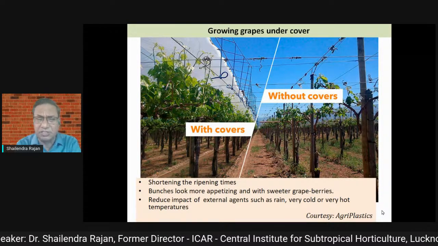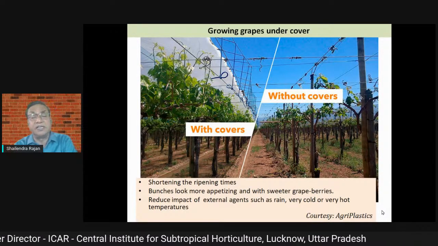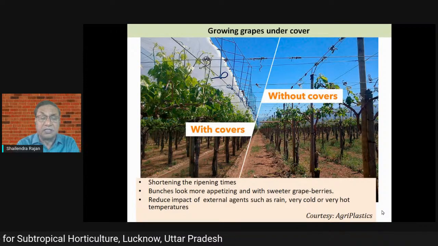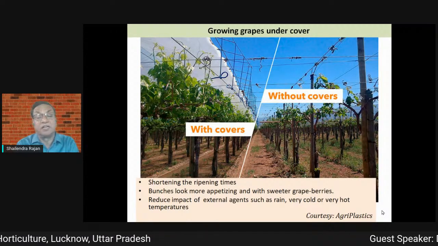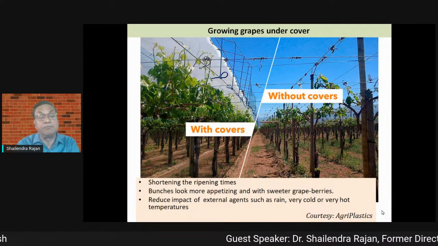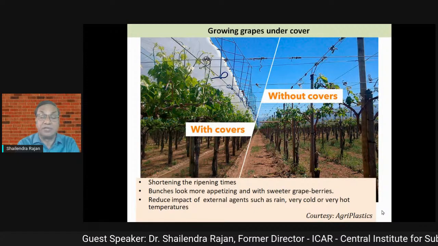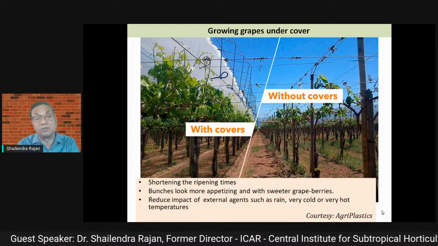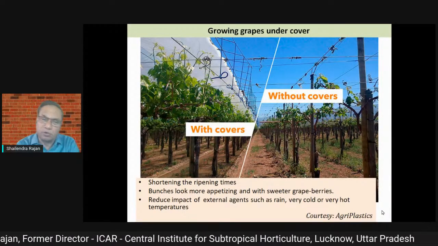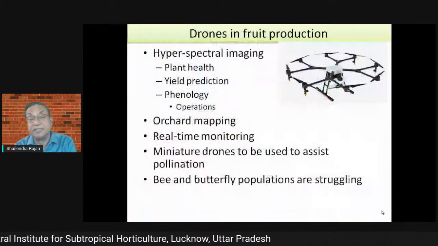It is becoming commercial in different parts of the world, and it has been found that the berries are ready earlier, and the ripening time is shortened. Then bunches are more attractive, and those are sweeter also. The TSS is also high, and it reduces the impact of several external agents like rains, sometimes very cold, also very hot temperatures. Those can be managed by enclosing the entire plant, or sometimes only for protection from the rains.